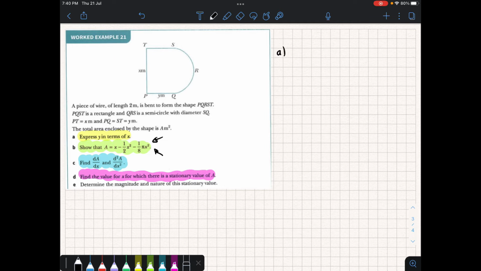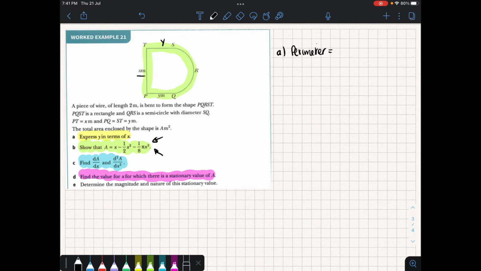So it's actually quite easy to think about the shape. Since the overall length of the wire is fixed at 2 meters, that means that this length going around here cannot be more than 2 meters. And that length going around there is the perimeter, right? We can look at this shape and think, well, how can I calculate the perimeter? So I can think about all the pieces that make it up.